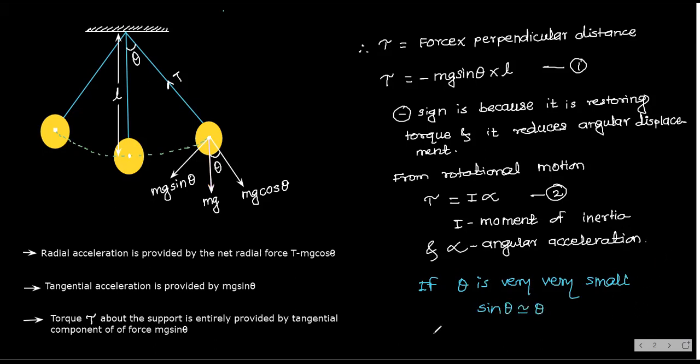Yes. And therefore, can I write like this, torque tau is equal to minus mgL into theta. Okay, I have just changed this equation, and let us call it equation number 3. Note down all these points, draw the diagram nicely, okay, and let's move ahead.